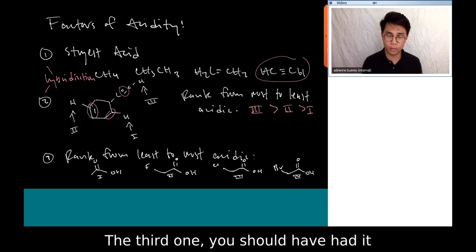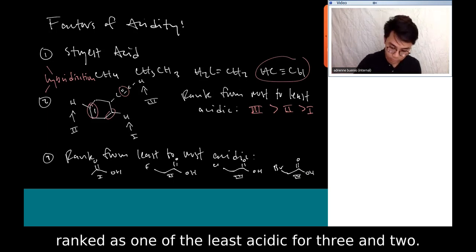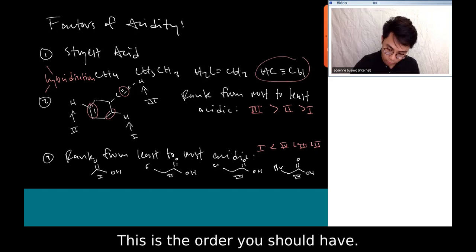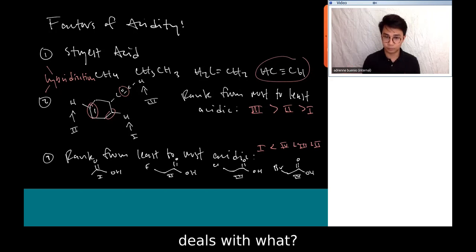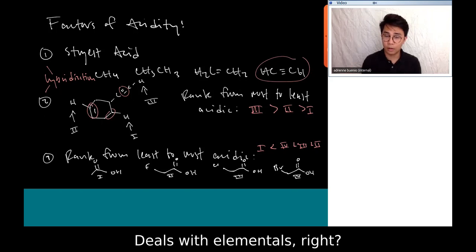So what about the third one? You should have had it ranked as one is the least acidic, four, three, and two. This is the order you should have had. And this one does not deal with hybridization, but instead deals with elemental, right?